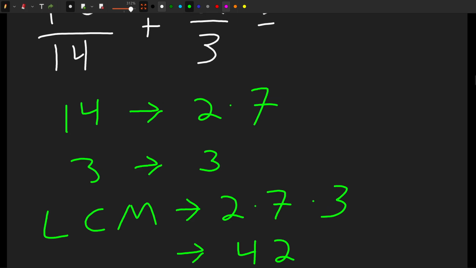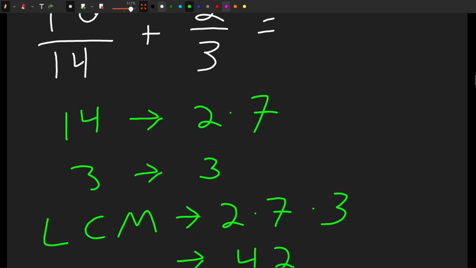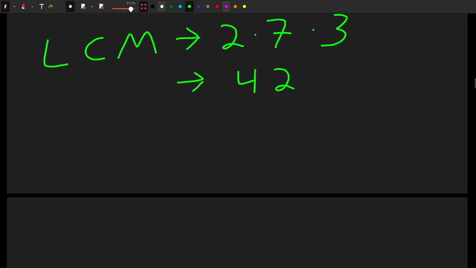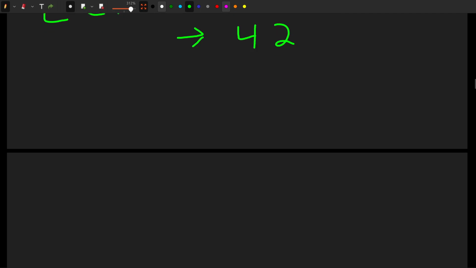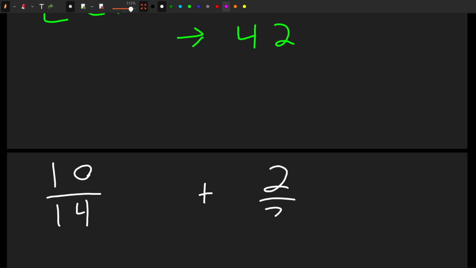Okay. So now I'm going to rewrite my problem. We have 10/14 plus 2/3. And so now we need to know what number do I multiply 14 by to get to 42, and what number do I multiply 3 by to get to 42?